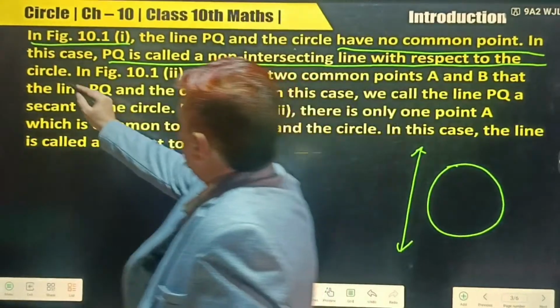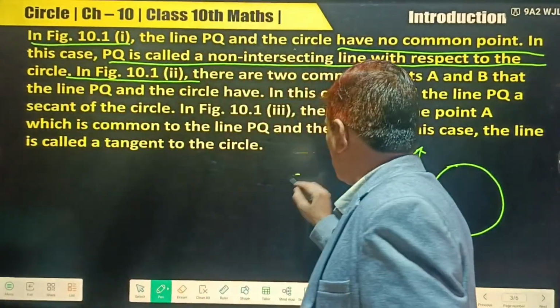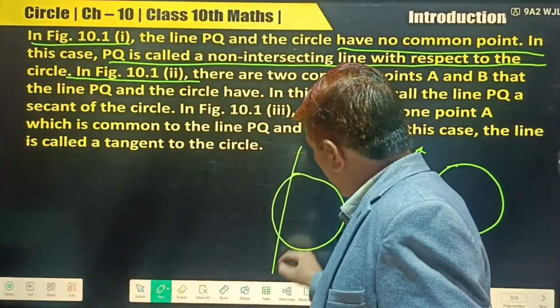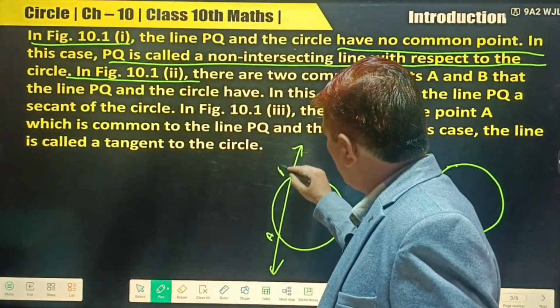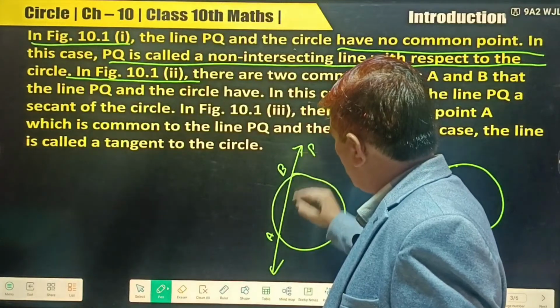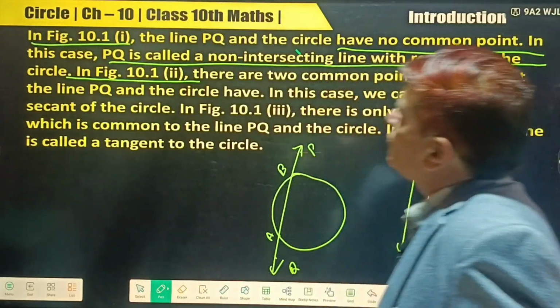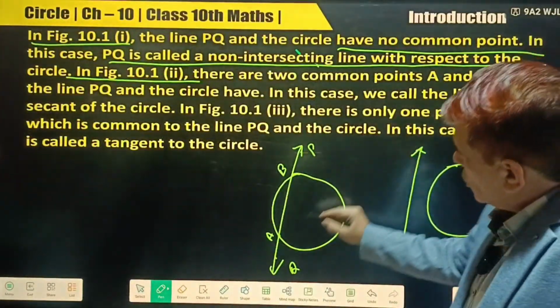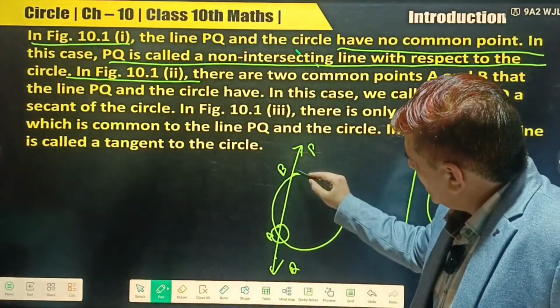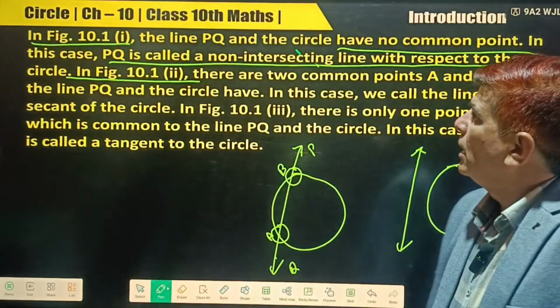Then taking the circle in figure 10.0, the situation is like this. This point we call A, this point B, and the line you can name P and Q, whatever it may be. So there are two common points. One common point is this, the other common point is this. Understood?